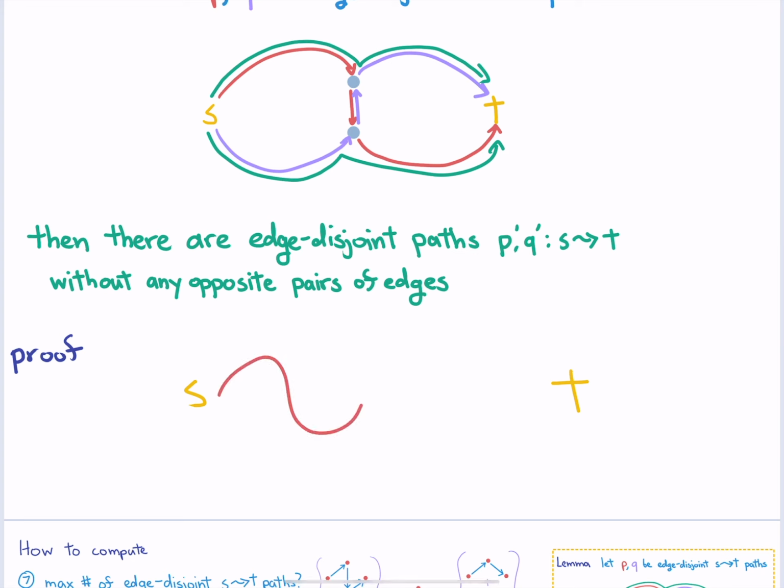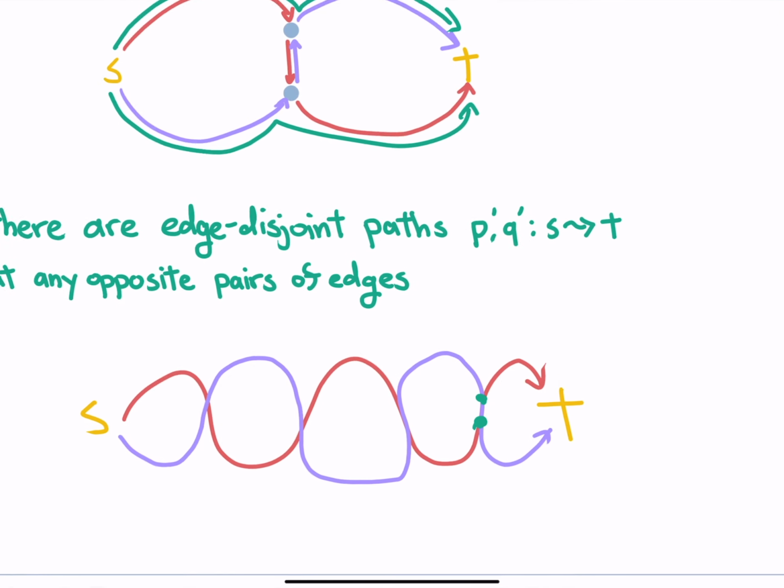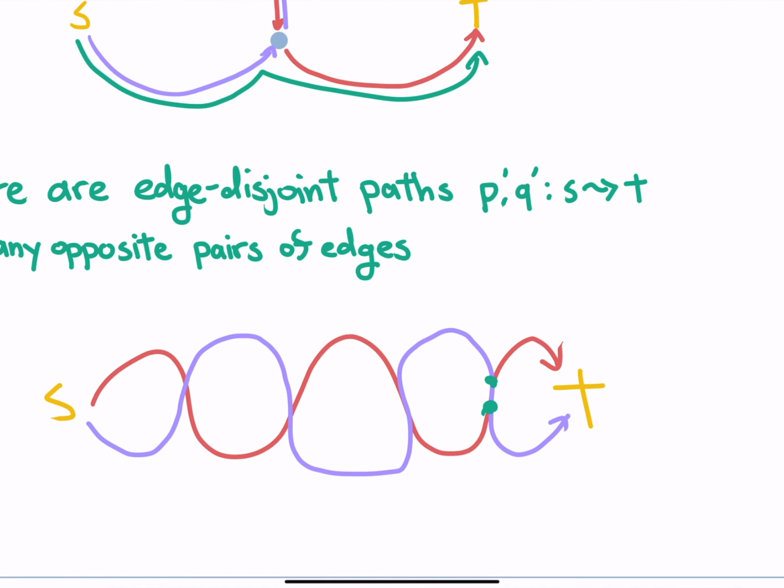In a general case, there might be a bunch. So maybe here's the red path, and here's the Q path. Every time they overlap is supposed to suggest they're crossing, and I'll just identify one of them. Here's one pair where they're crossing, and then I'll remove it and replace the ends, so to speak. What I would do is erase the edge that they were sharing in the middle in opposite directions.